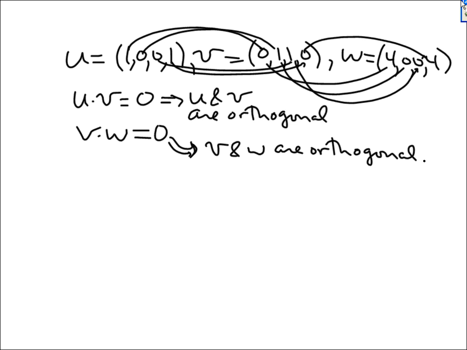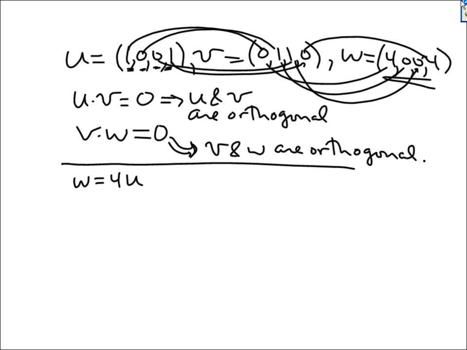But what about u and w? Now, you really should see that w is just 4 times u. If you multiply each of these entries by 4, you get w.